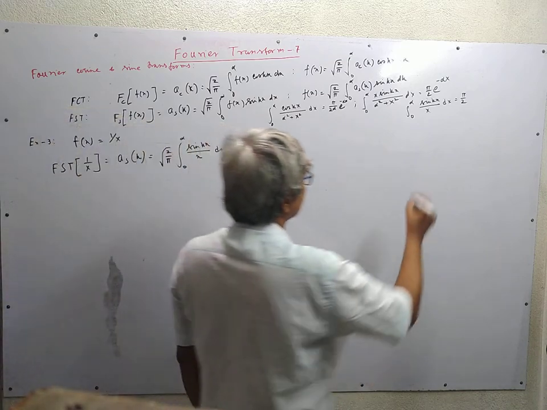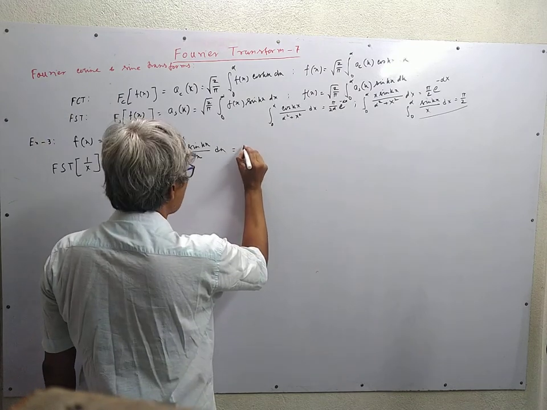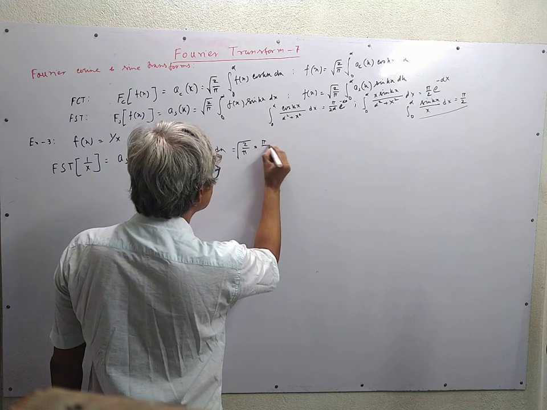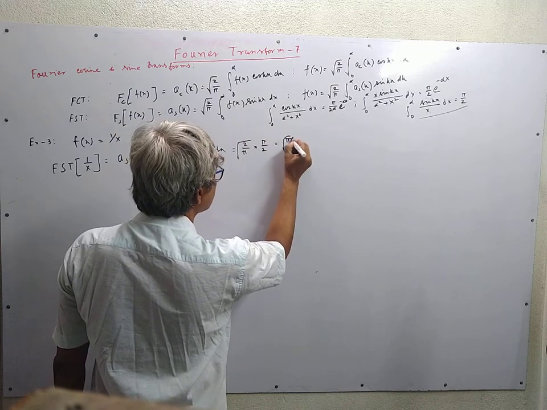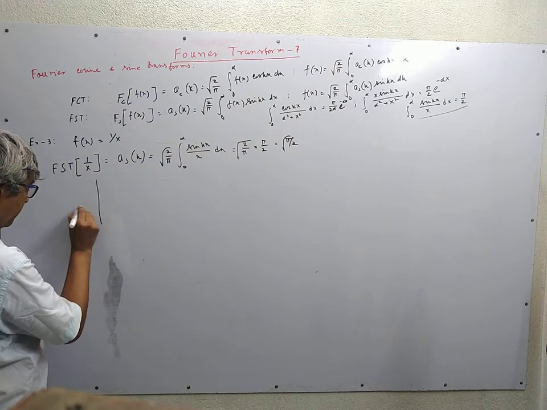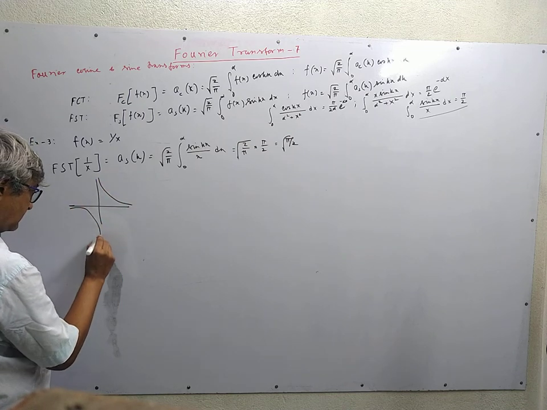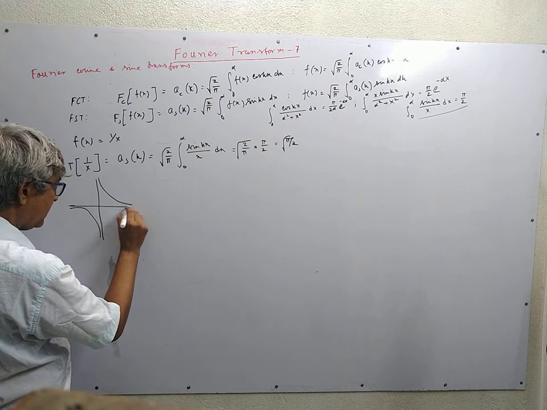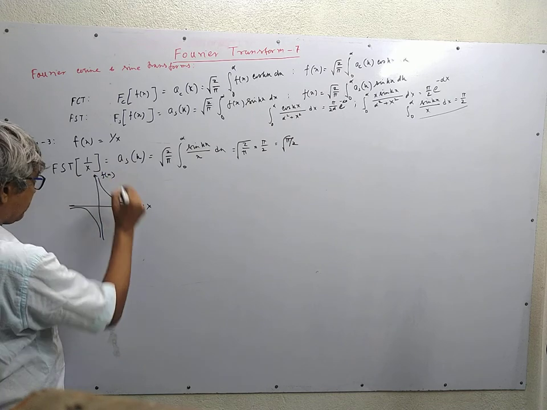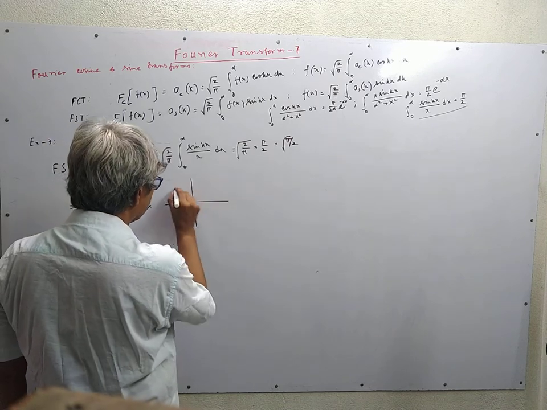If we use this result, the integration is straightforward. So it is a constant. So the functional graph is this, this is x, this is f of x is equal to 1 by x, and the Fourier sine transform is a constant.